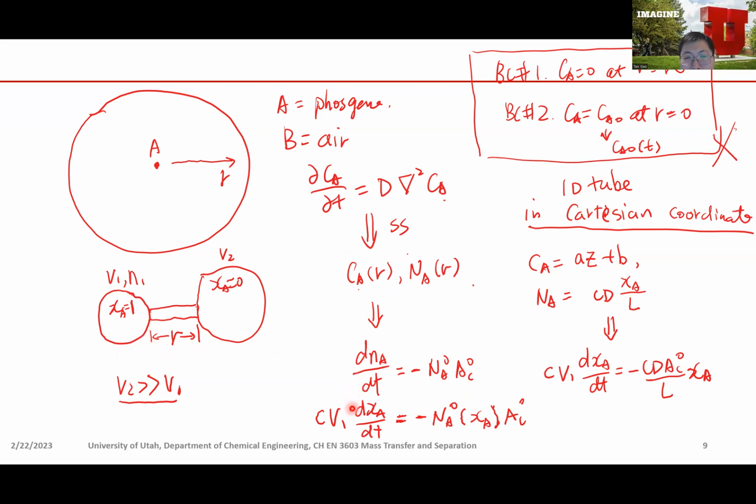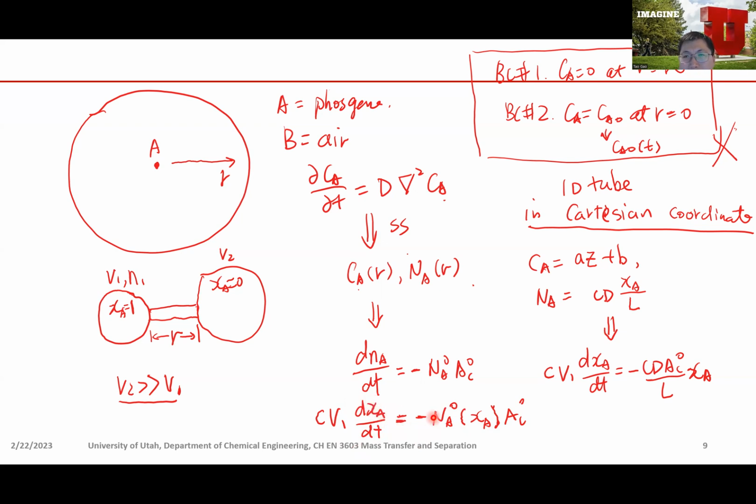And here we can take out C and V1, and we get this equation. We know at R equals 0, NA becomes only a function of XA. So now you have an ordinary differential equation of XA that you can solve.